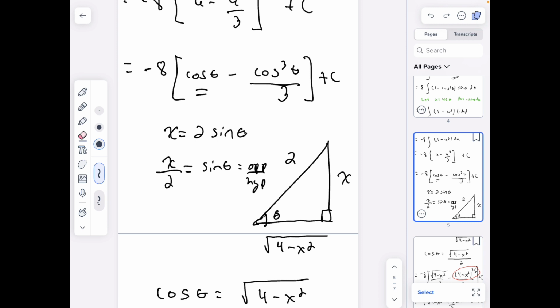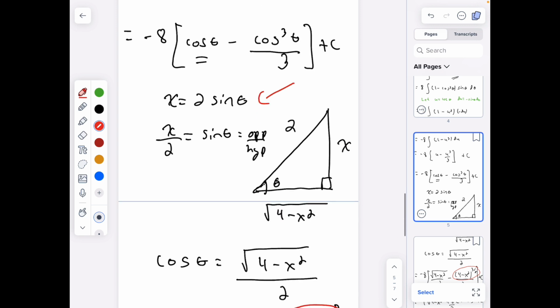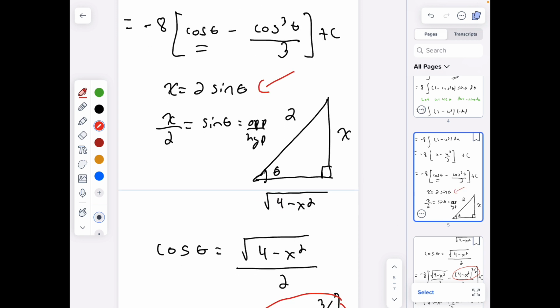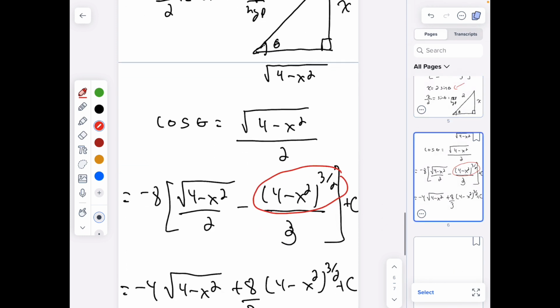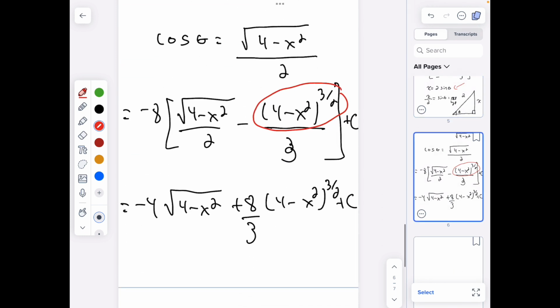So that's where your substitution comes back in handy. And all that substitution was so you can integrate, not easier, but so you could integrate. And you use that substitution, you write out a triangle, and that's how you can get the other trig functions in terms of x, like we did. And there you go. All right, thanks for your time.